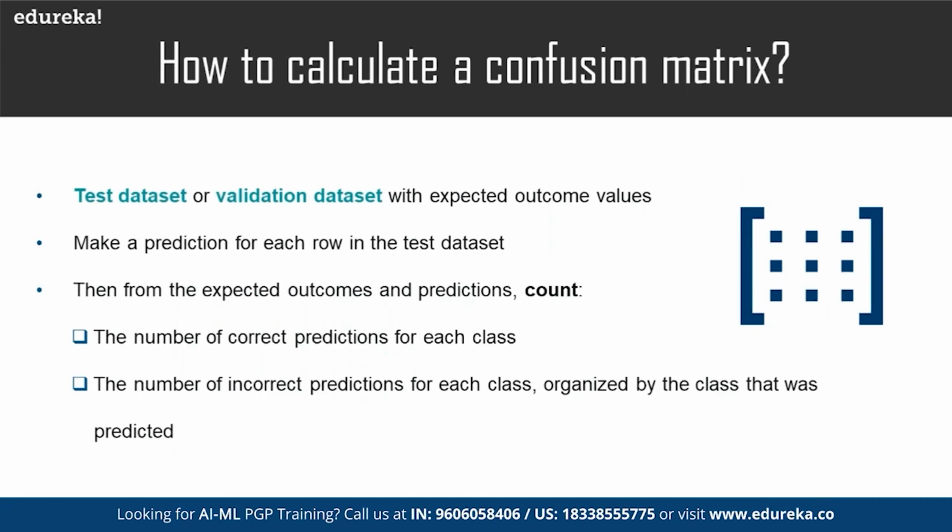Such outcomes we get either through the test data set or through the validation data set. When we use the validation data set, we use the cross validation technique, where I've talked about k-fold cross validation.